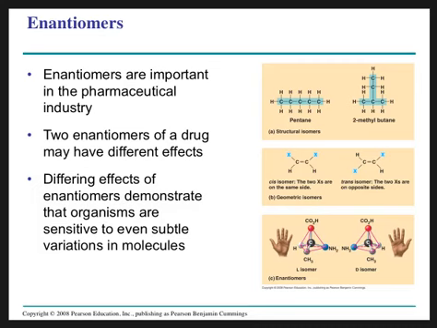So, same elements in the same ratio, put together very close structurally, except that they are the mirror image of one another. It's this difference in the enantiomers that gives little variations to molecules.